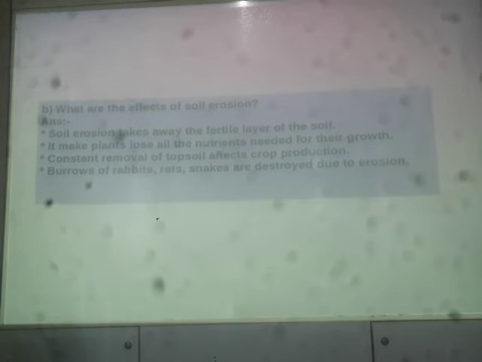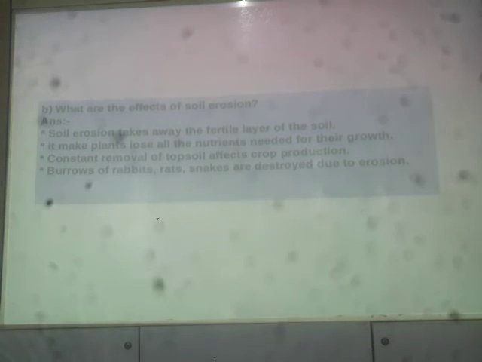Another question, coming on to the next question: what are the effects of soil erosion? What are the final consequences, results or effects of soil erosion? Soil erosion takes away the fertile layer of the soil.